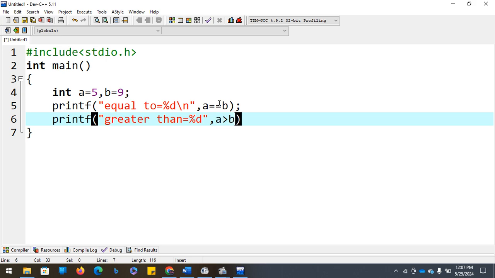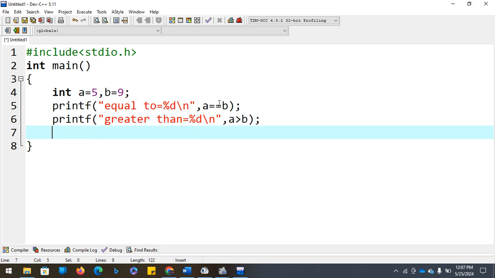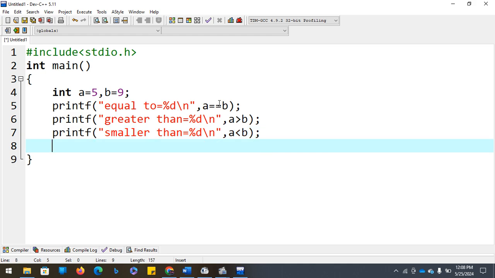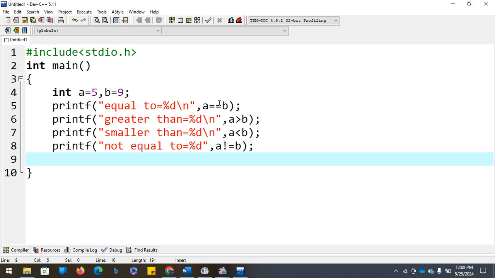Like A greater than B. Smaller than. Similarly, we can also use others.